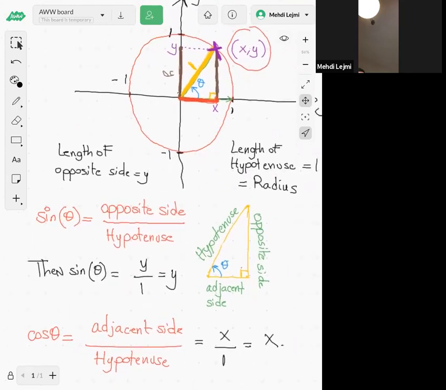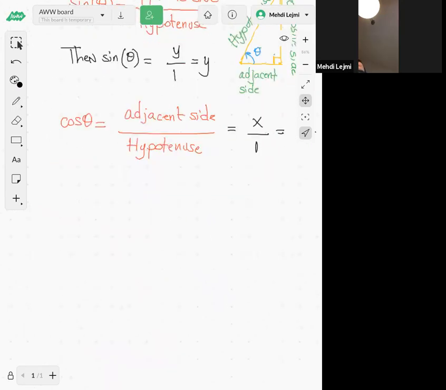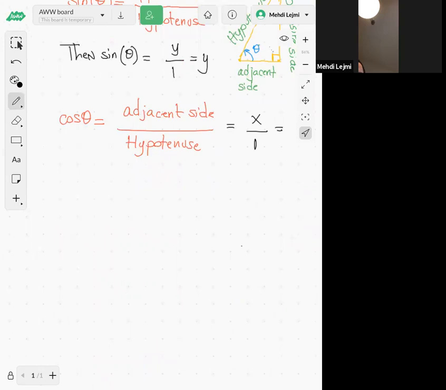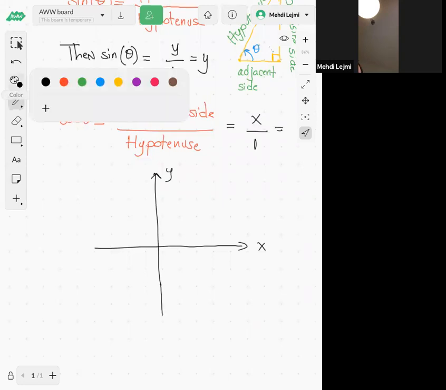So what I'm saying, guys, is that if you have your x-axis, y-axis, and you have some angle here, this is your angle theta. This angle theta corresponds to a point, this one here.